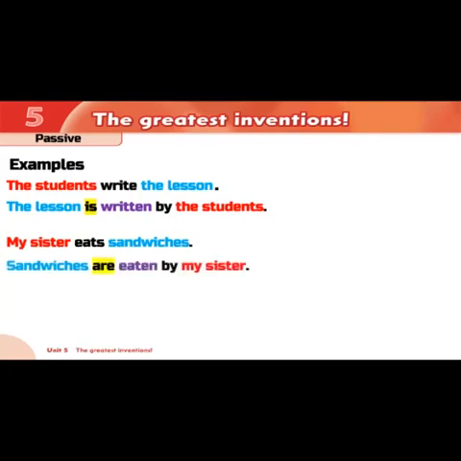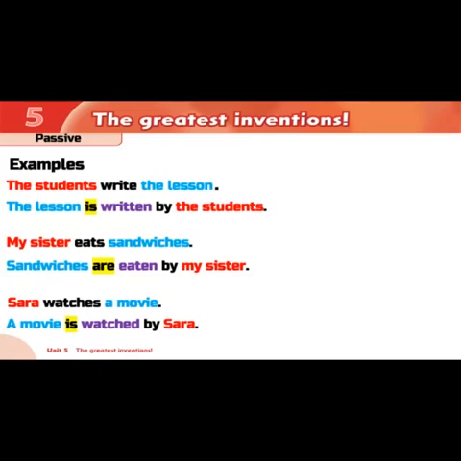It will be sandwiches are eaten by my sister. And here we use are with sandwiches because sandwiches is a plural. Next one, Sarah watches a movie. It will be a movie is watched by Sarah. So that's the present simple passive.